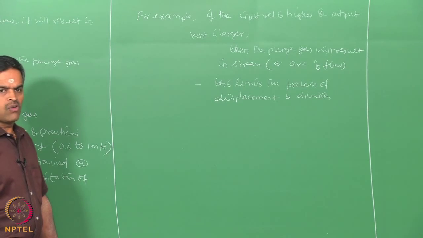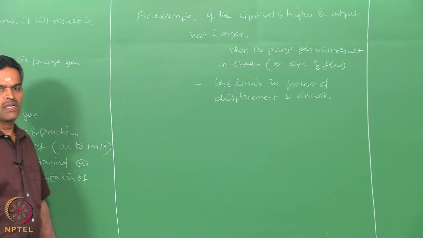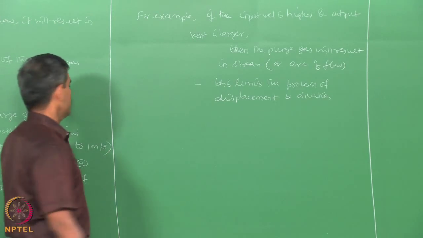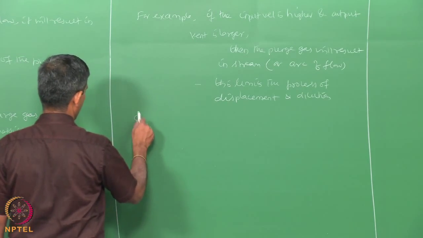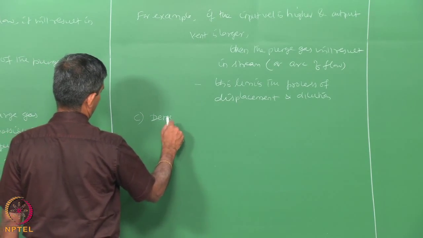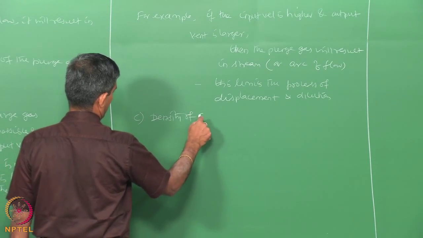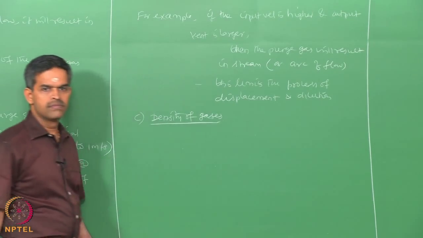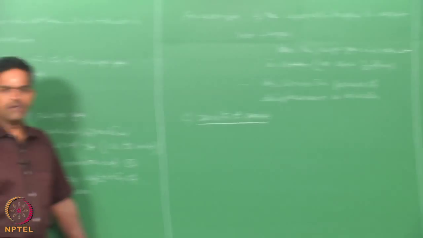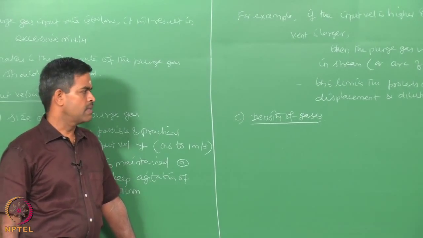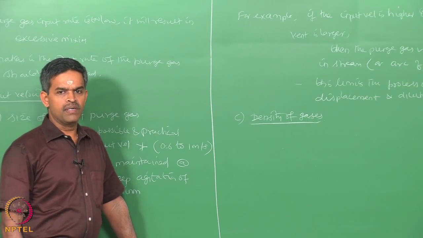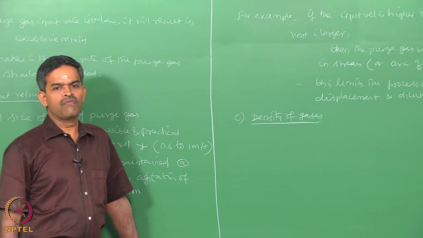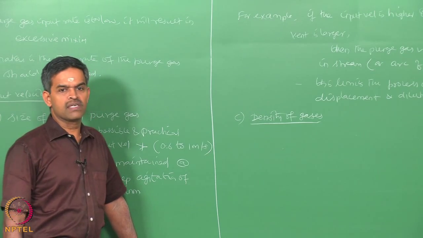The next factor which is also important for efficient purging is the density of the gases. The relative densities of the purge gas and the air being purged have a very important effect on the mechanics of the purging action.